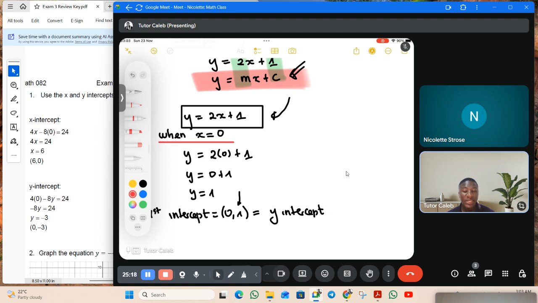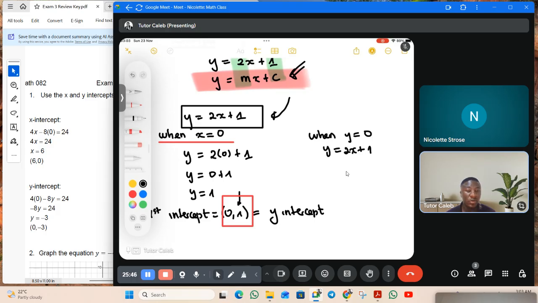That means that the y-intercept occurs at this point, (0, 1). Now, to find the x-intercept, you do the same thing. You will set y equal to 0. If y is equal to 0, you will put it again in the equation. The equation is y equals 2x plus 1.